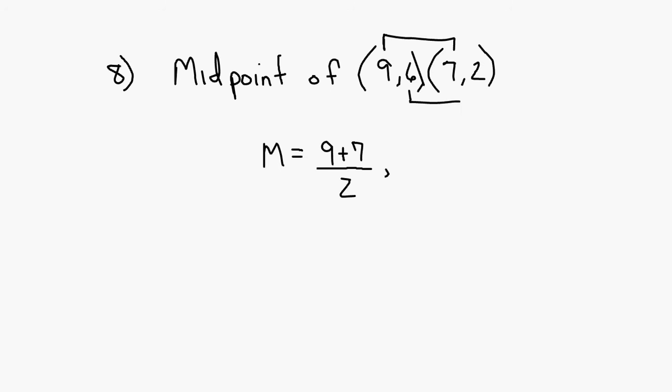And then add the y's together, 6 plus 2 and divided by 2. So 9 plus 7 is 16, divided by 2 is 8. 8 divided by 2 is 4. So there's your midpoint. The midpoint is at 8, 4.